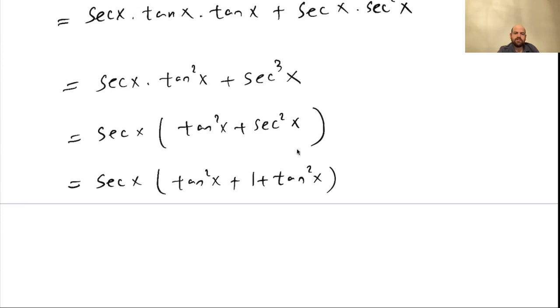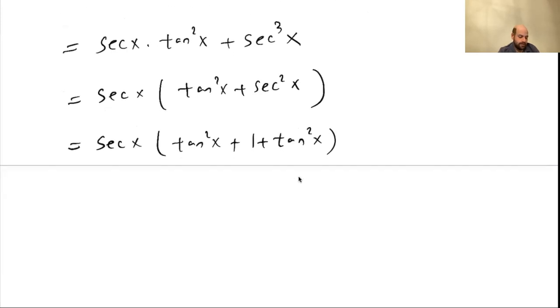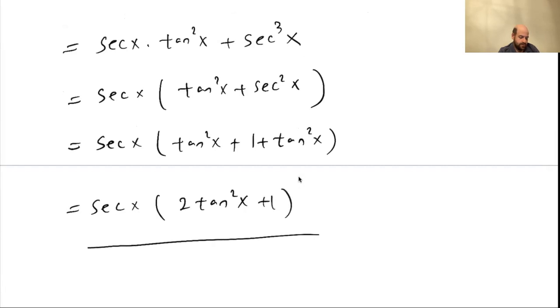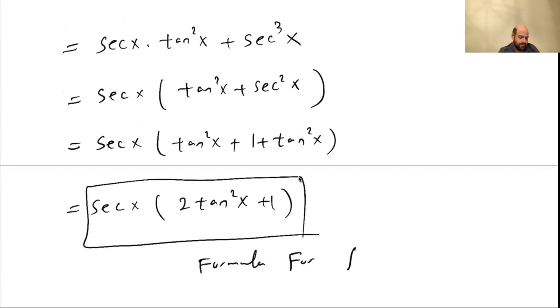Therefore this is secant x times 2 tan squared x plus 1. So this is the formula for f double prime of x.